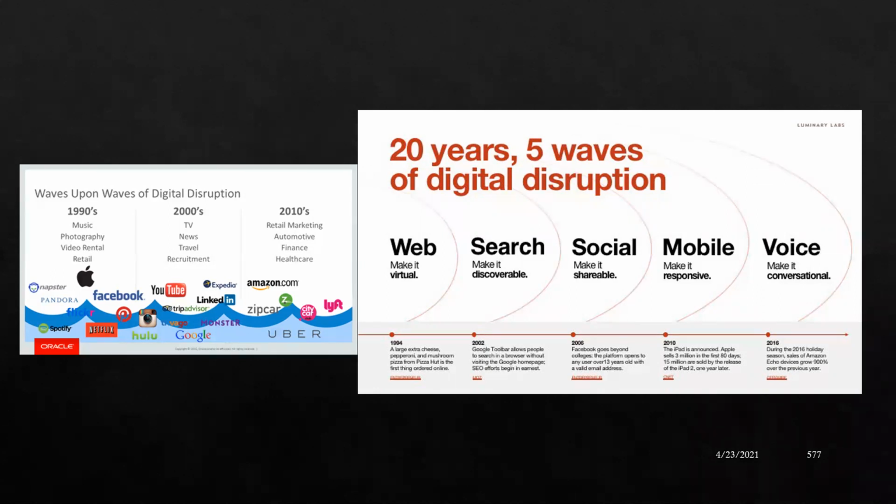Then suddenly, instead of typing, we wanted to use voice activation, so voice made things conversational. You can see that within 20 years, this web, search, social, mobile, and voice disruption of technology has disrupted the world tremendously, right?